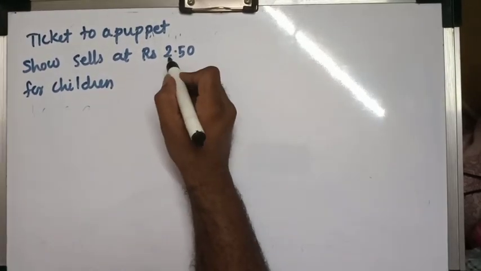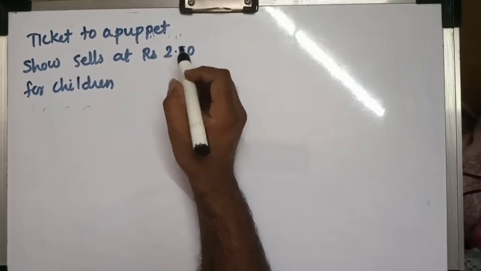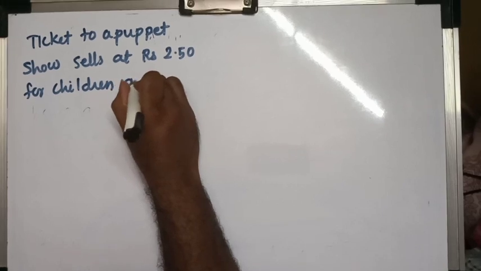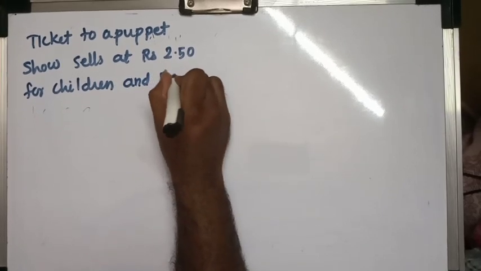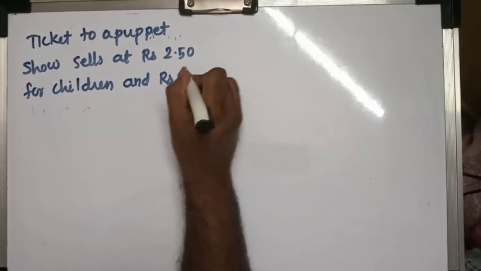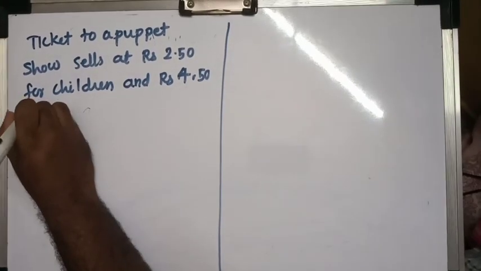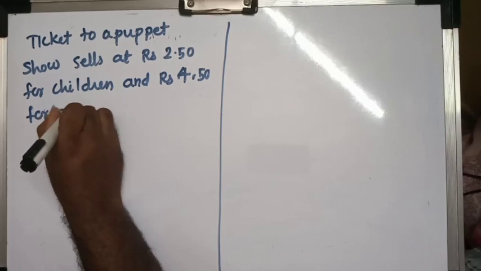Okay, for children the amount of ticket is this, then, and it's rupees 4.50. I'll line here, 4.50 for adults.